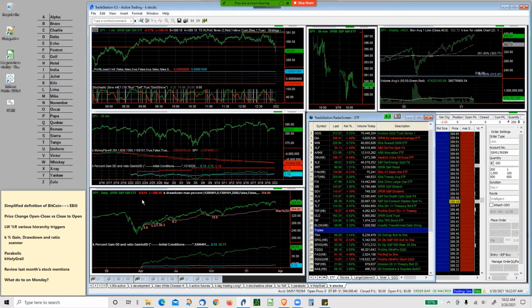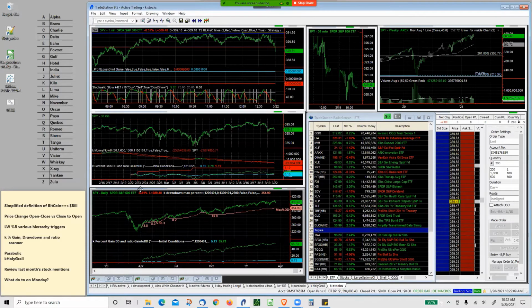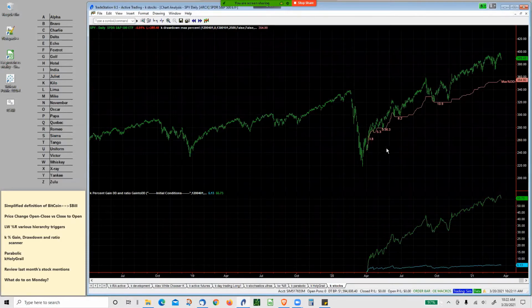So this is SPY. If you would enter somewhere around April, the question is, how bad is it if you just go long in a stock and buy and hold it? The gain is really nice, up 55%.